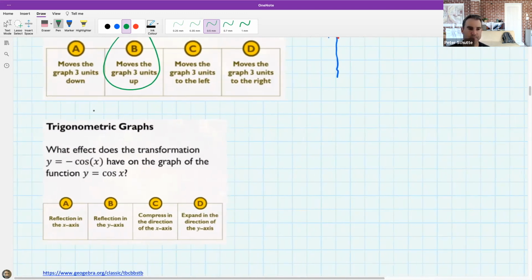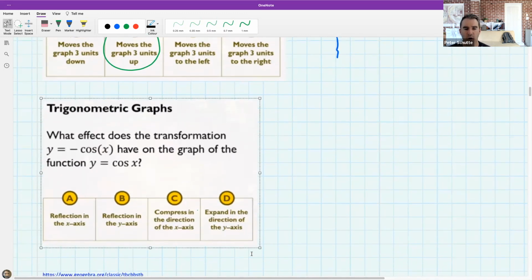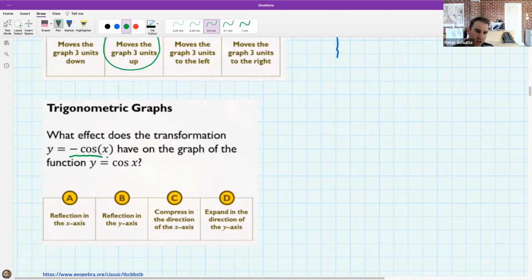Next question. What effect does the transformation y equals minus cos x have on the graph? So in this case, it's the normal cos graph. And we saw it earlier in the lesson.